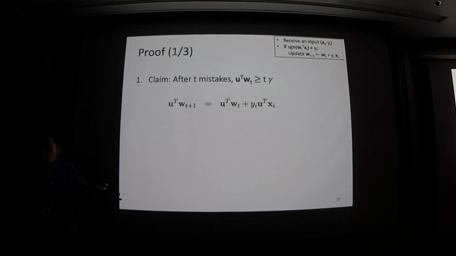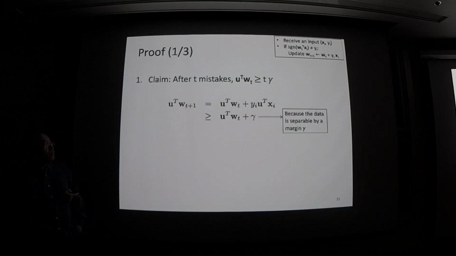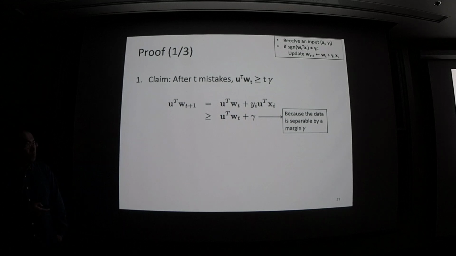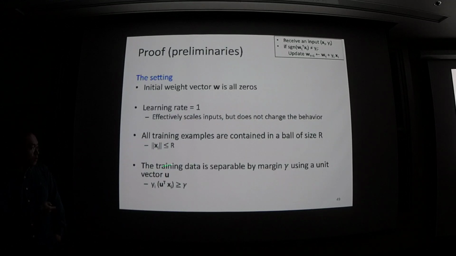Now, based upon the conclusion for step t, we have this one holds. But let us look at the extra term, yi u transpose xi. From this term, we can connect to the precondition we just mentioned.